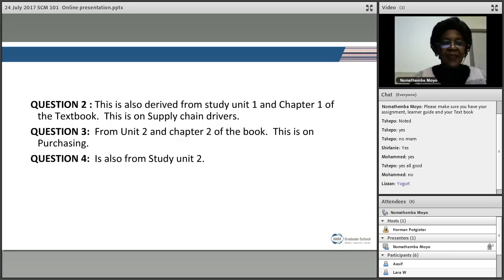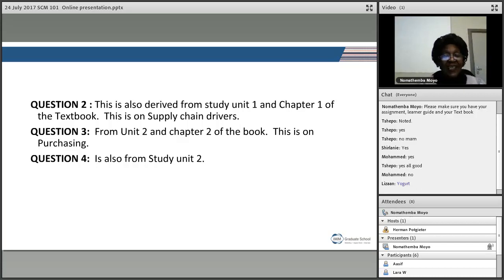Question 3 is from Study Unit 2 and Chapter 2 of the book. This is purchasing. They say discuss the important role of purchasing. 3.2 identify and describe the 9 steps in the purchasing cycle. That was our question 3.